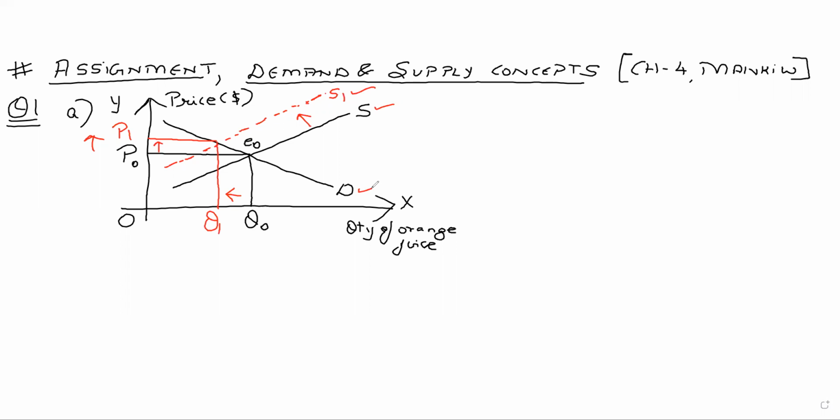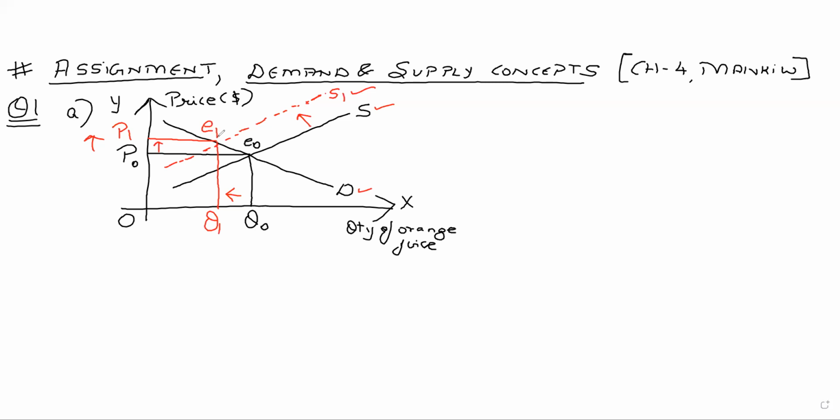As a result, equilibrium price increases from P0 to P1 and equilibrium quantity falls from Q0 to Q1. This causes the equilibrium to move from E0 to E1. As a result, when a cold snap hits Florida, we can clearly observe that the price of orange juice in the supermarkets is rising. This will be your explanation.